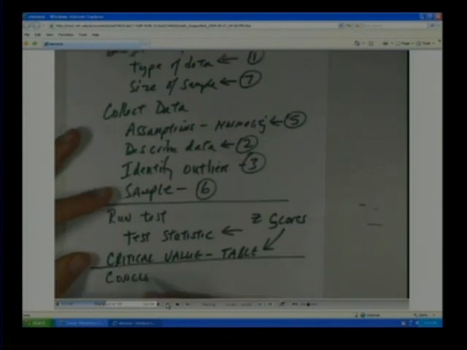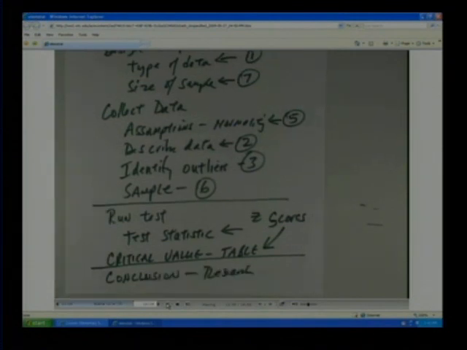Then, after we've done all of that, we compare the test statistic to the critical value, and then we're going to draw some sort of conclusion. And that's what would actually go in when we're writing this up maybe for our research or whatever we're going to be doing. If you read a research article, you'll see where they've gone through these different steps and identified these steps that are used in that study.